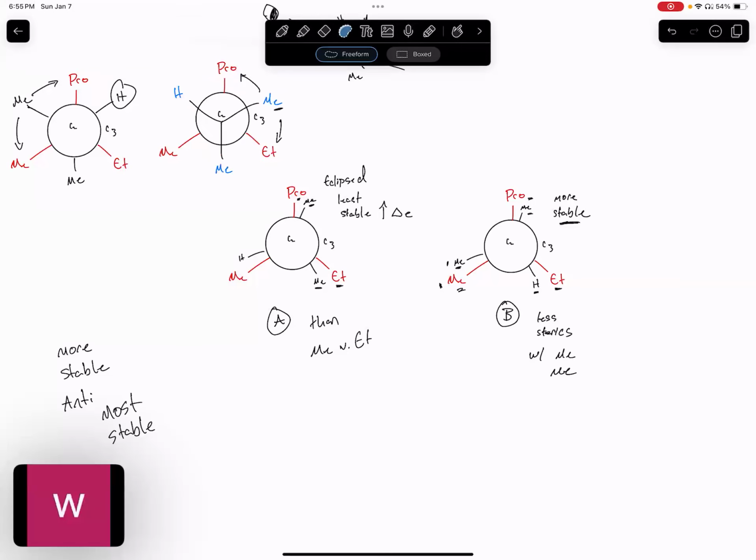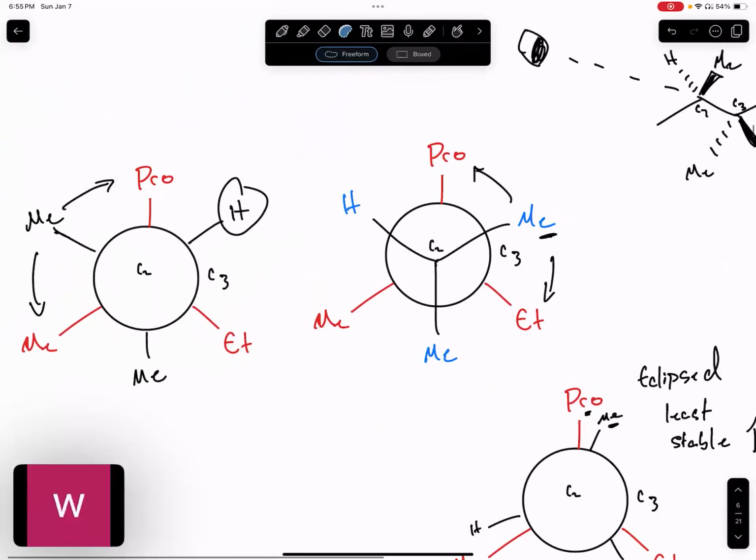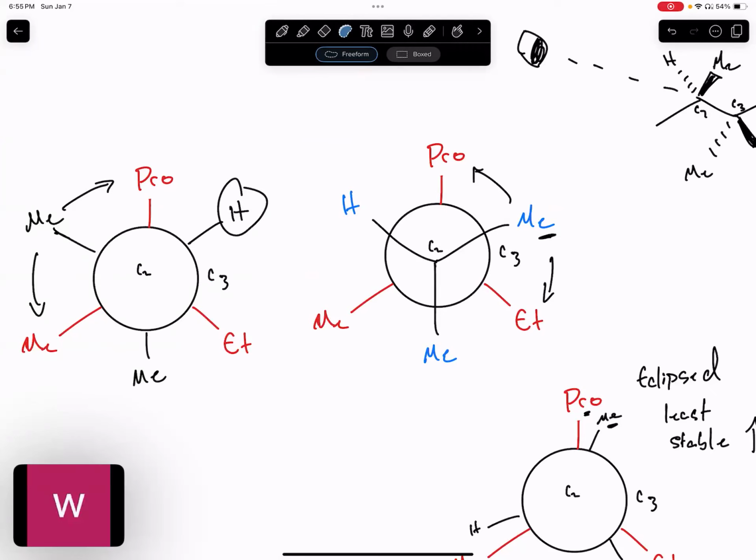Okay, so if we look, where is that methyl group on C3? It's in between the methyl on C2's propyl and the methyl on C2's ethyl. So look here. This methyl group is in between propyl and ethyl.